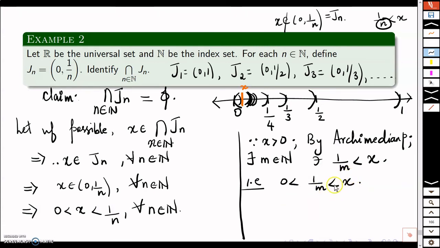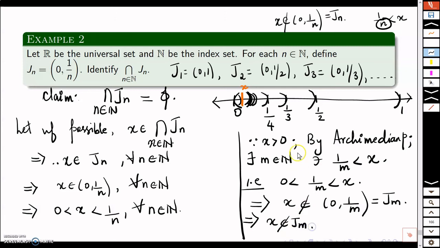That means x will not come in the open interval 0 comma 1 by m because it is bigger than 1 by m. So this implies x is not there in the open interval 0 comma 1 by m, and this open interval by the definition of Jn is nothing but Jm, right? So this implies x is not there in Jm.